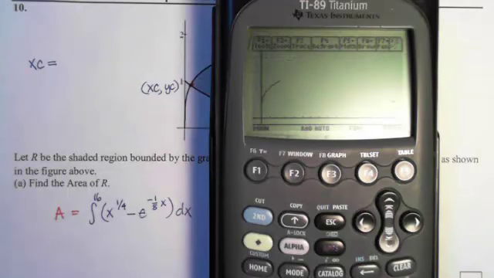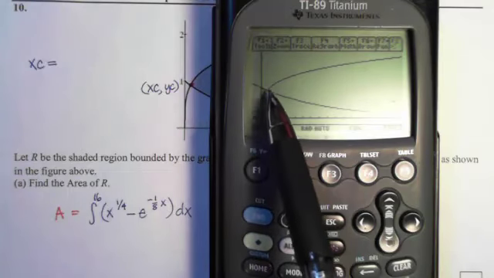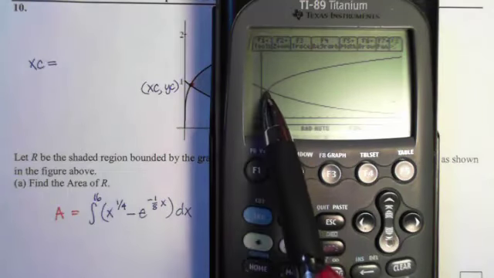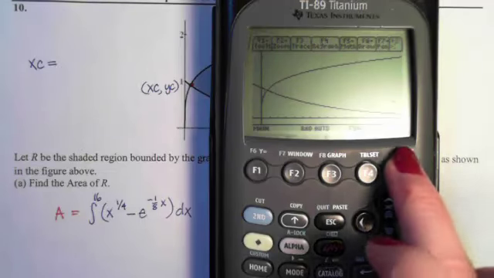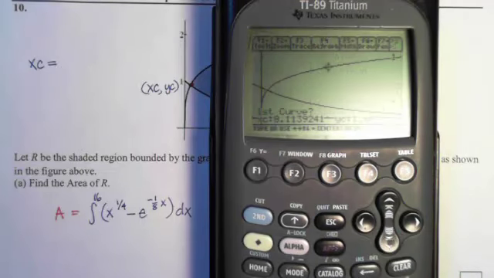If we graph it, we can see there's our fourth root curve. And then here will come our exponential curve, and we're interested in finding that intersection because we're going to use that x-coordinate in all of our setups. So F5 will go to that intersection, enter, enter, 0, and let's say 2.